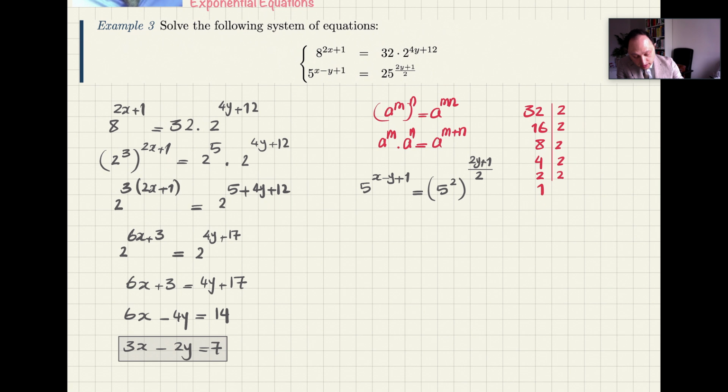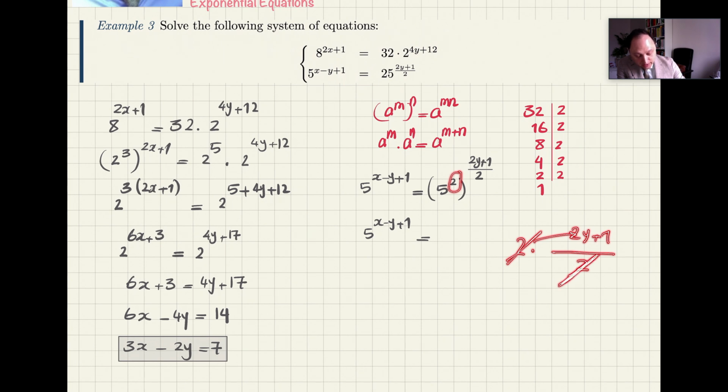But again, I can use the same formula here. I can write 5 to the x minus y plus 1 is equal to, and then this exponent 2 should be multiplied by that exponent. But don't multiply by 2. I told you several times, when this problem happens, I repeat it: it's better to simplify.